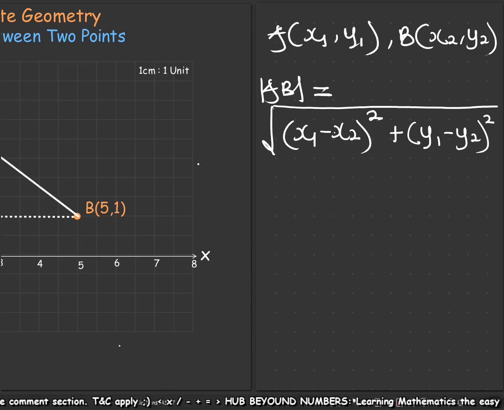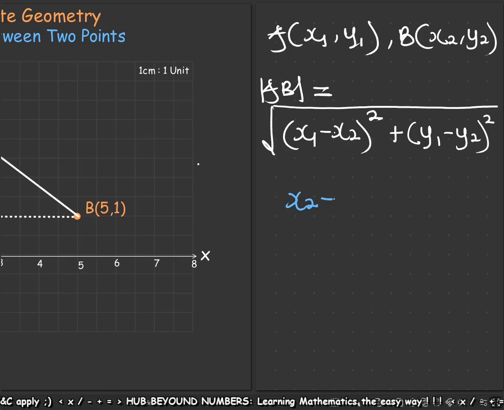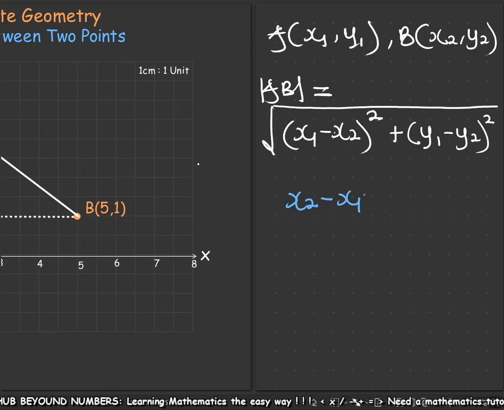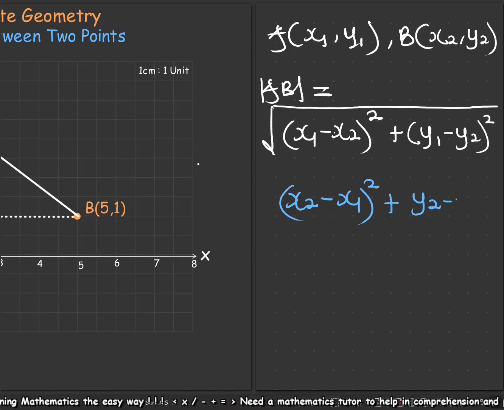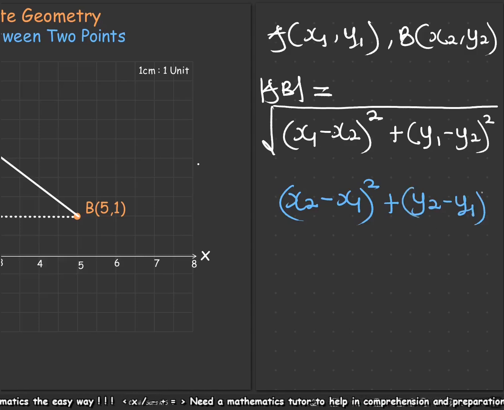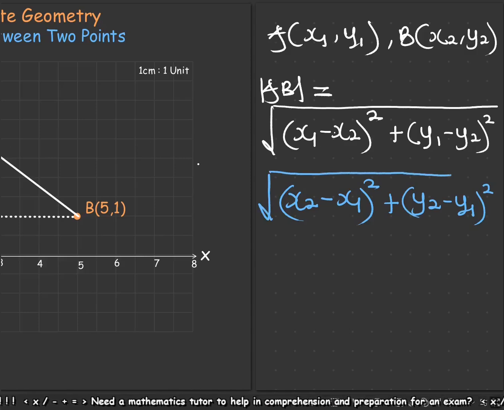It can also be written as x2 minus x1 squared, then plus y2 minus y1 also squared, and then you find the square root.